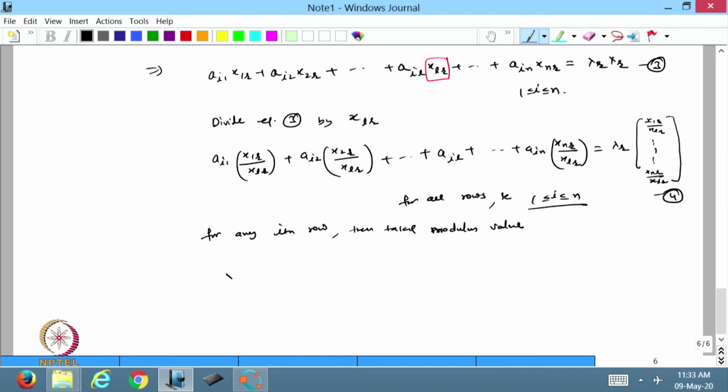So, I will get lambda r, and then this is any x_I^r divided by x_L^r, and then I am taking the modulus value.